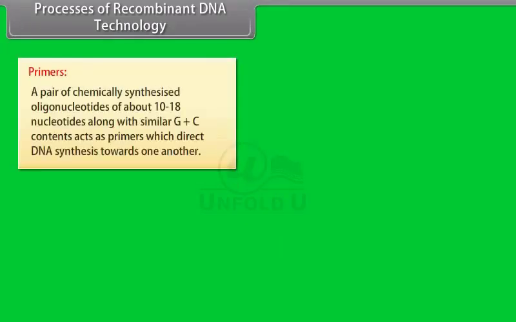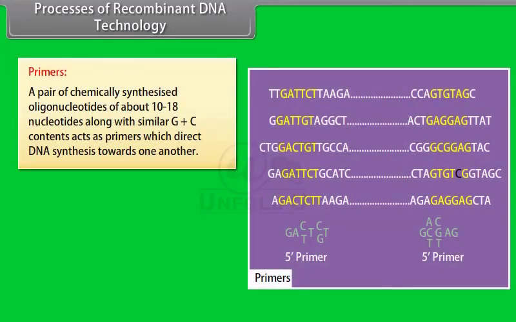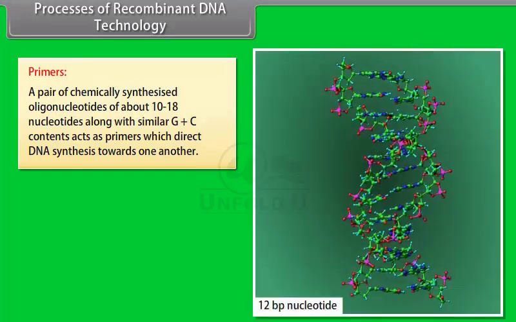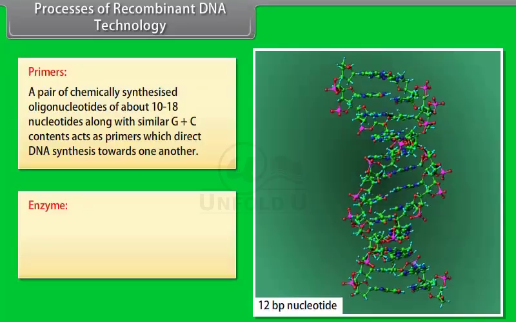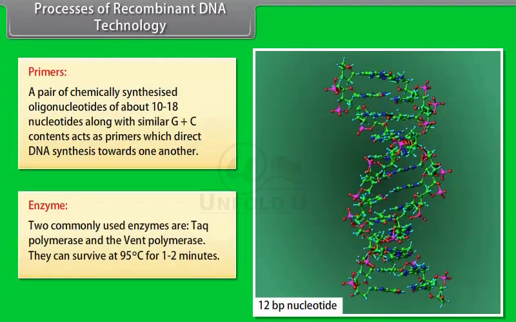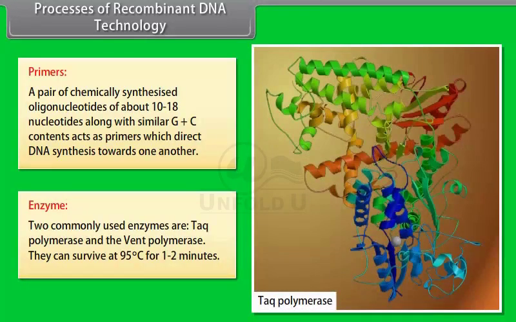Primers, a pair of chemically synthesized oligonucleotides of about 10 to 18 nucleotides along with similar G plus C contents, act as primers with direct DNA synthesis towards one another. Enzyme: two commonly used enzymes are Taq polymerase and the Vent polymerase. They can survive at 95 degrees Celsius for 1 to 2 minutes.